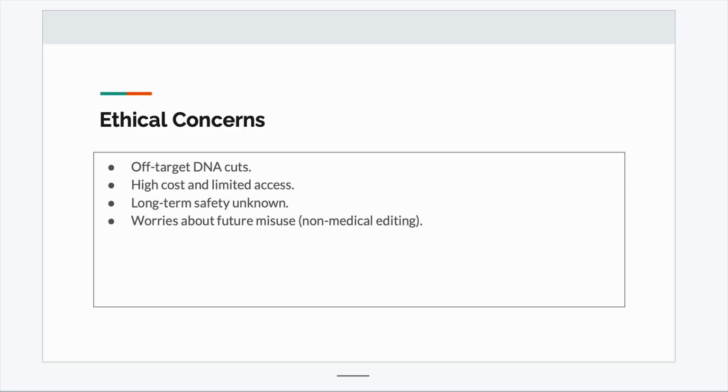Some people also worry that genetic engineering could eventually be used for non-medical purposes, like choosing traits in children. And because these edits may last a lifetime, we have to be sure they're safe. These questions show why bioethics is a major part of genetic engineering.